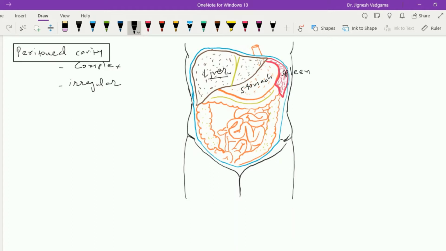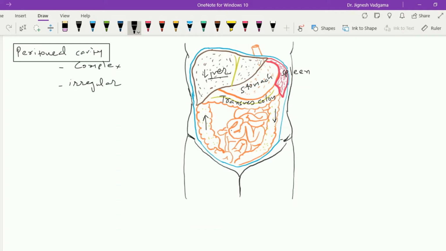As we already discussed, the spleen is situated on the left side of the stomach because it is derived from the dorsal mesogastrium. Just below and behind the stomach we can see the transverse colon, and on both sides of it this is the ascending colon and this is the descending colon.